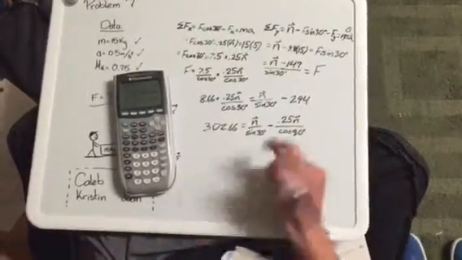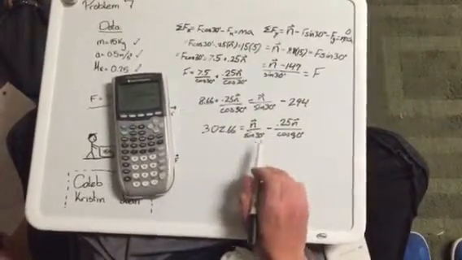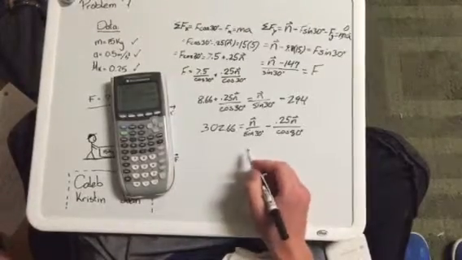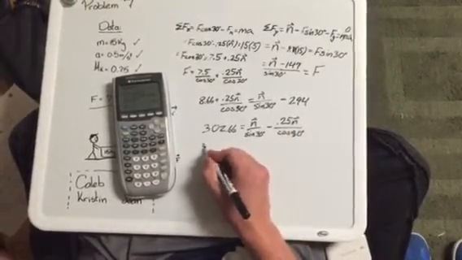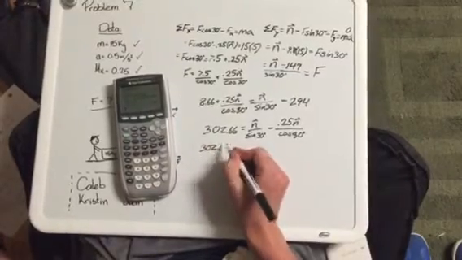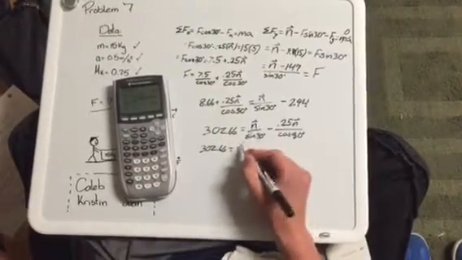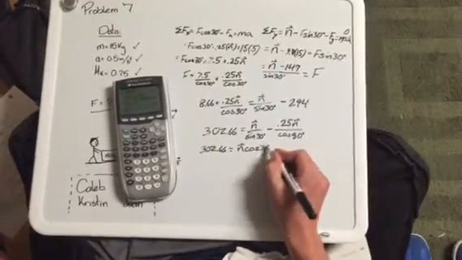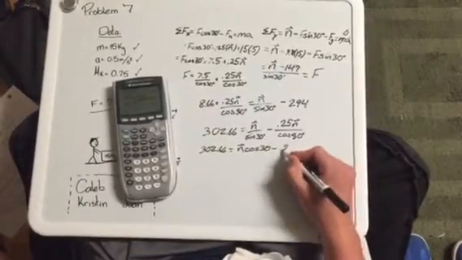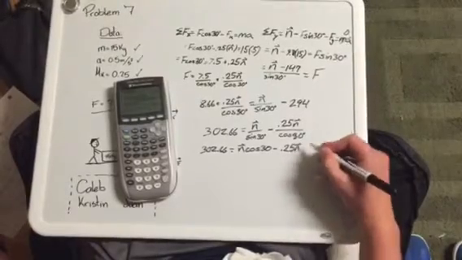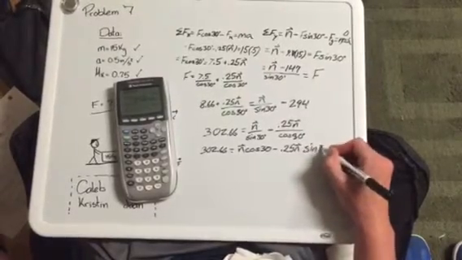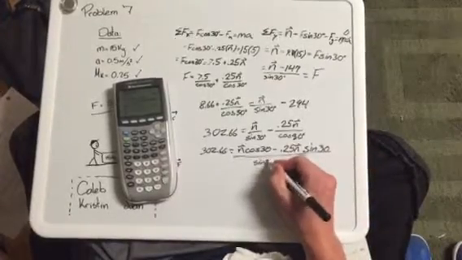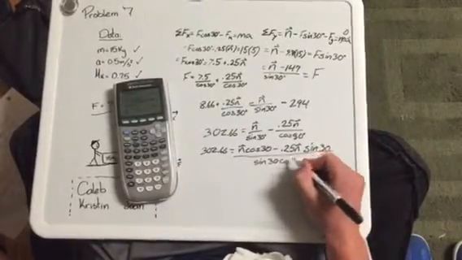And then we have to set the denominators equal, combine them. So you get force normal times cosine 30 minus 0.25 force normal sine 30, all over sine 30 cosine 30.